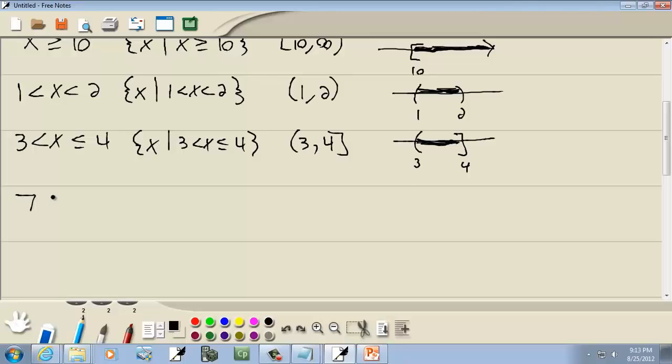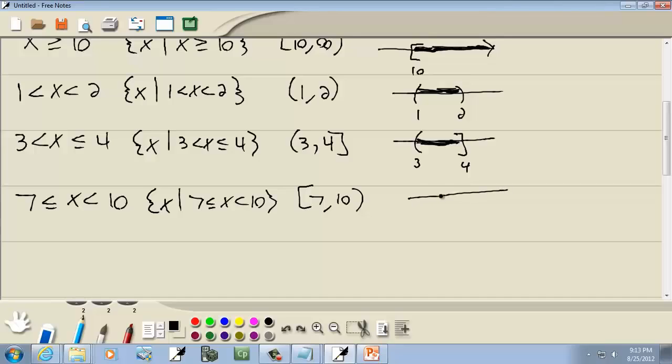And less than or equal to there, and then less than here. Set builder would look like this. Bracket on the 7, parentheses on 10. There we go. And one last one.